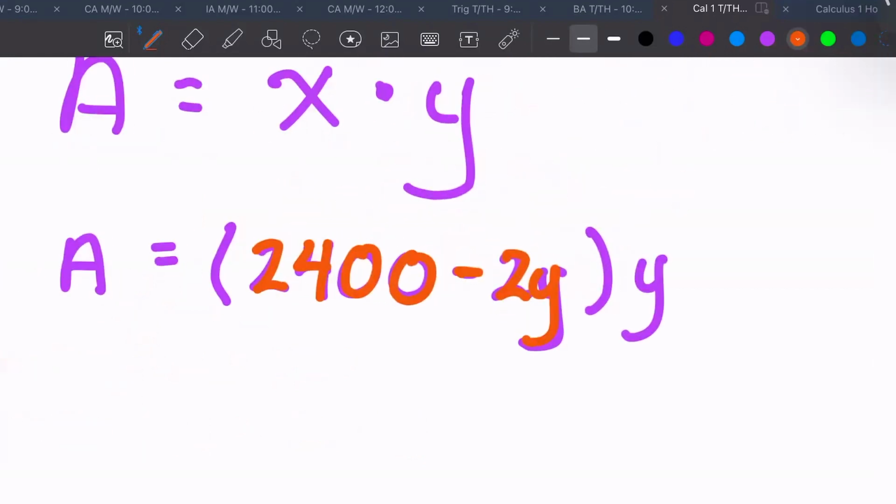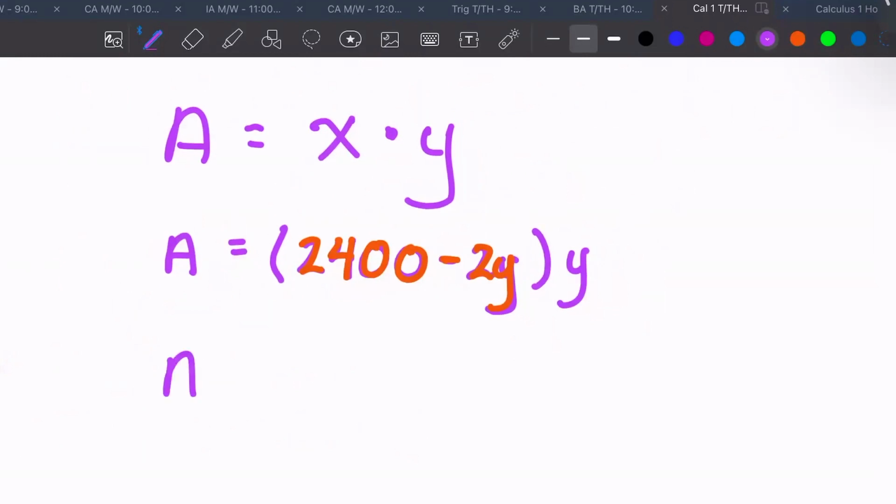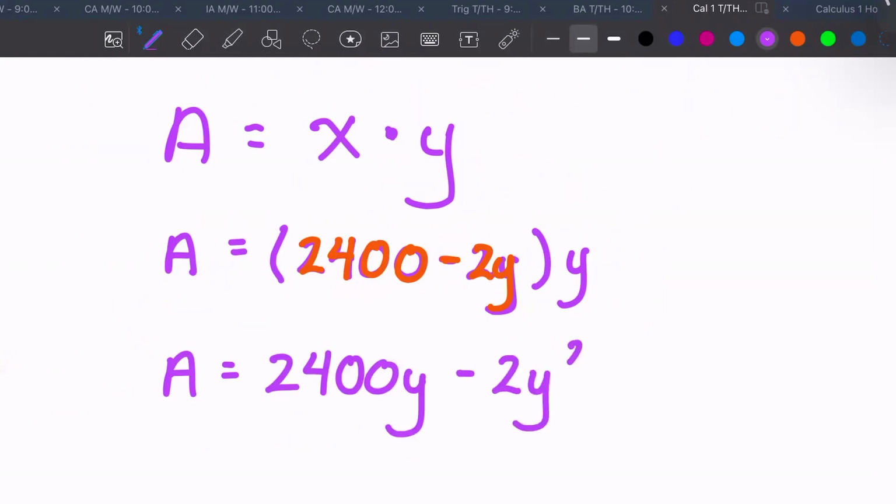Well, I can clean that up a little bit. I can distribute that Y, and so I get 2,400Y minus 2Y squared.